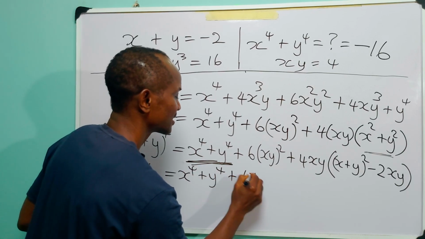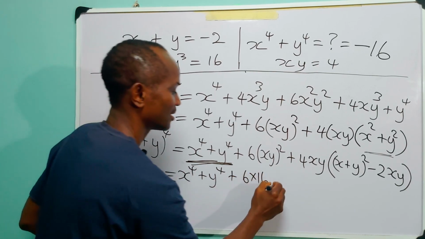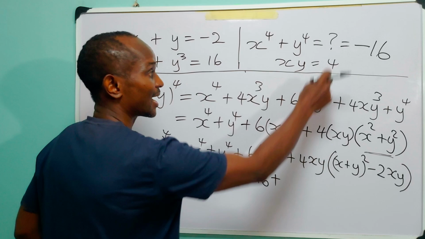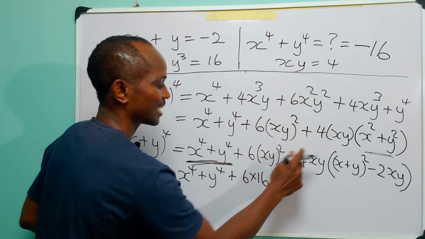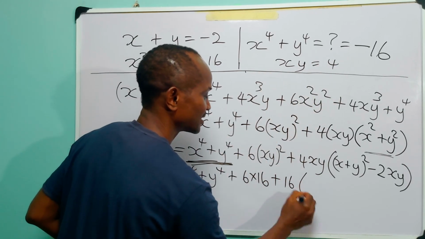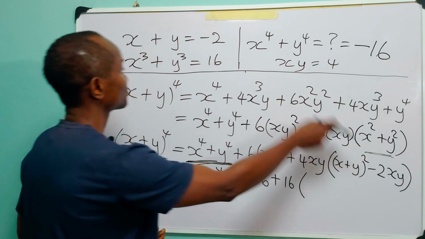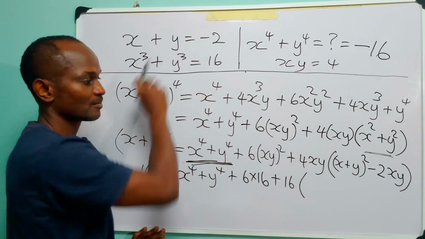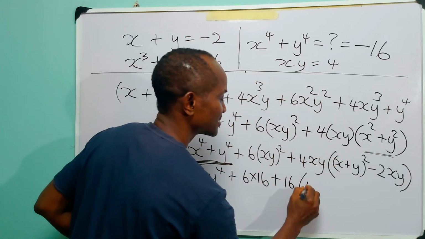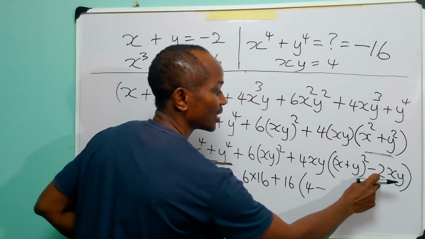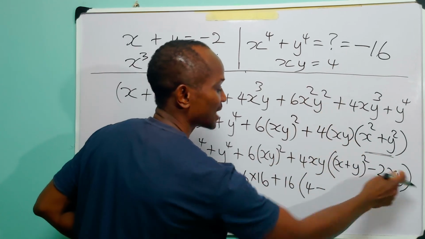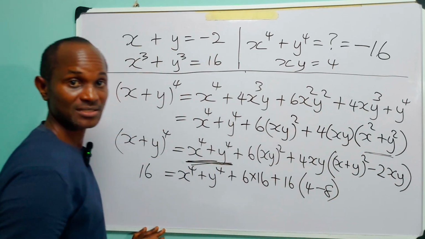So 6 times 16 plus xy is 4, 4 times 4 is 16, into x plus y is minus 2. Minus 2 squared is 4 minus xy is 4. So 2 times 4 is 8.